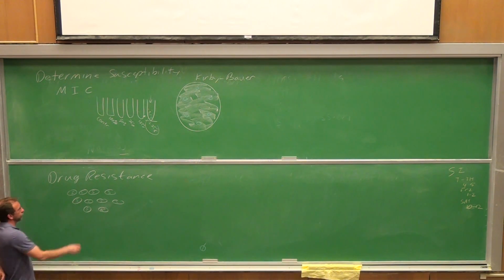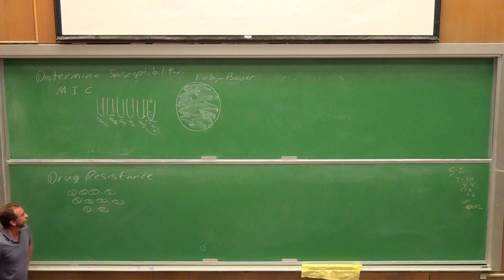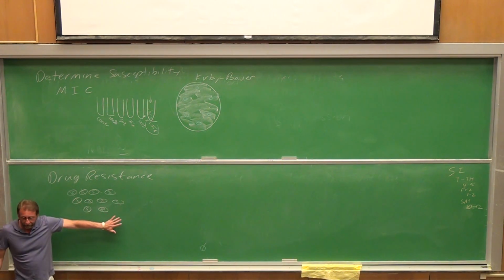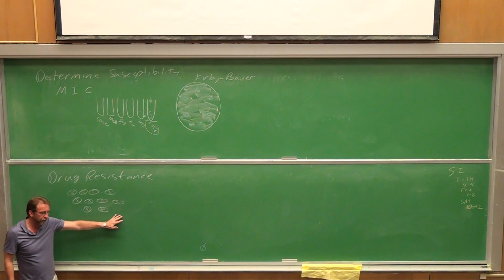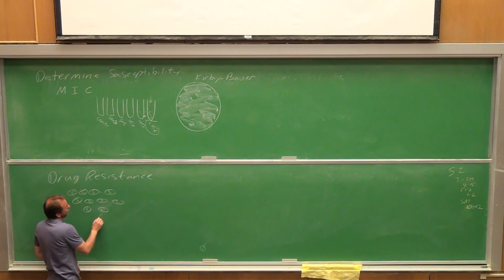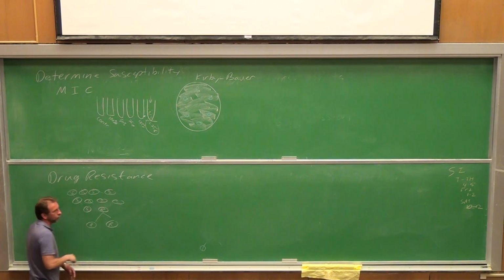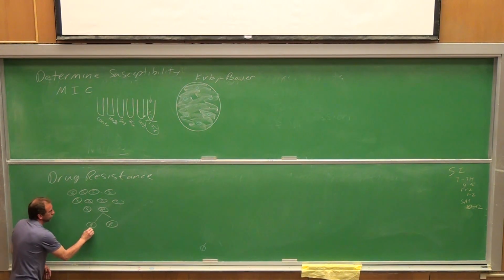Okay, so your antimicrobial wipes these guys out. They're dead. But either this one is able to survive past the treatment process, or you stop taking your medication early. So now this is the one that survives, and so when it reproduces, the new population is that of resistant microbes.